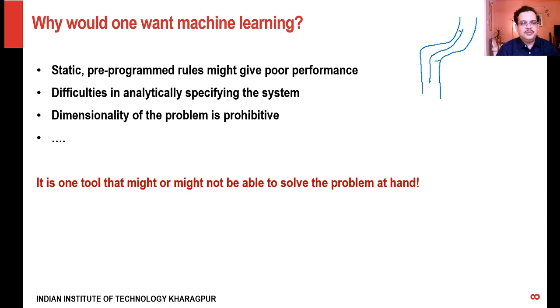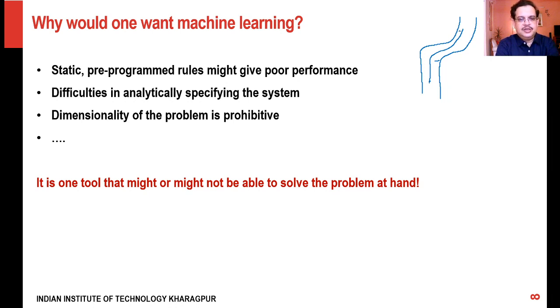The third problem is that the dimensionality of the problem can be very prohibitive. Typically we go for machine learning when you have a system with many variables, but not all of those variables may be relevant for the task that you want to perform. So you need to eliminate a lot of variables, and it is not very easy to determine how to do that.